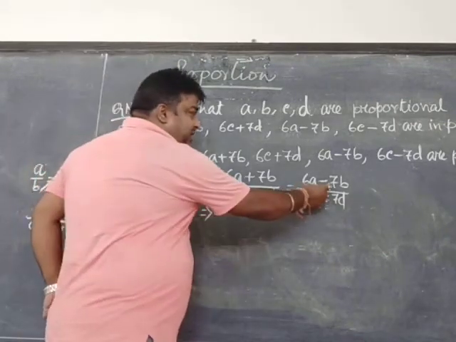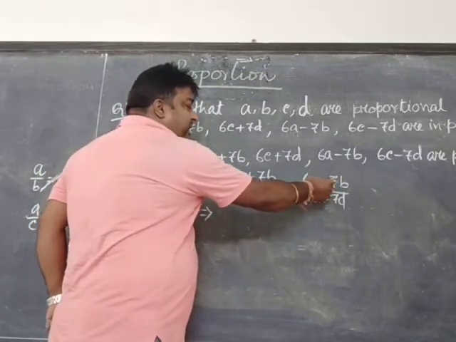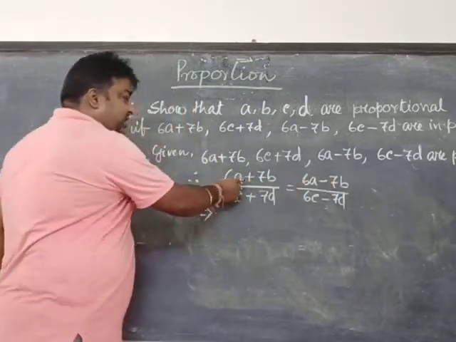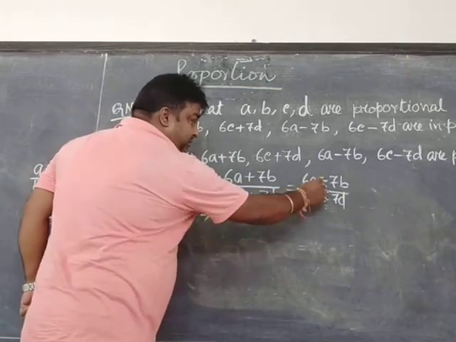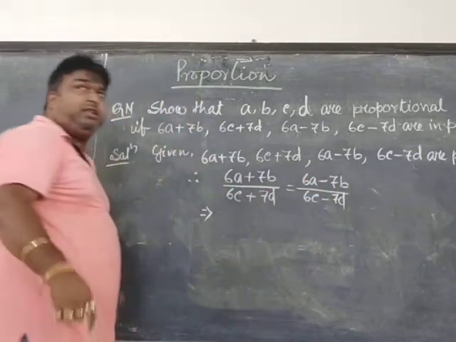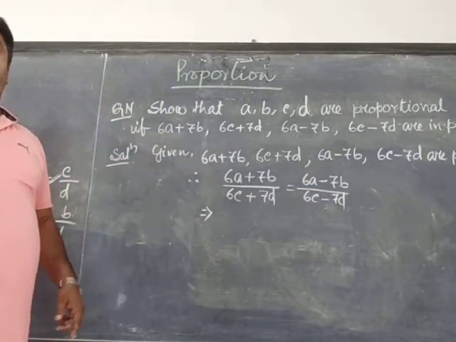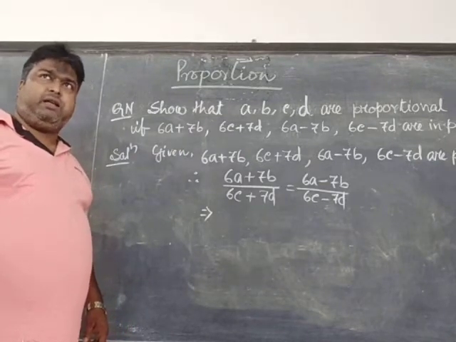But here the antecedent part is 6a plus 7b, so the variable part is the same, a and b. Bringing this consequent to the antecedent and shifting that consequent to the other side, this property is known as alternando. That means our antecedent and consequent variables should be the same. Then it will be easy for us.